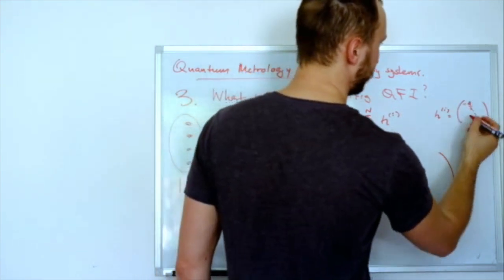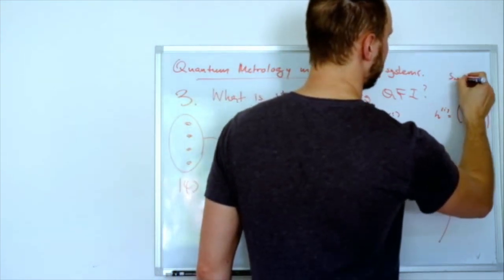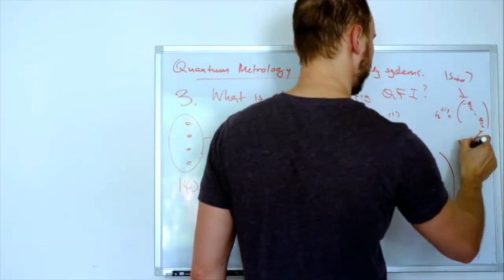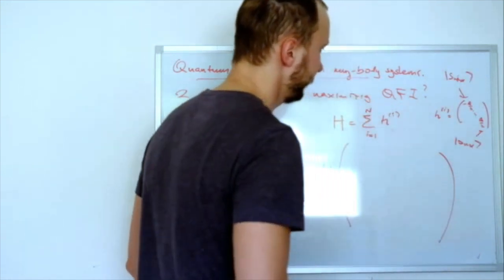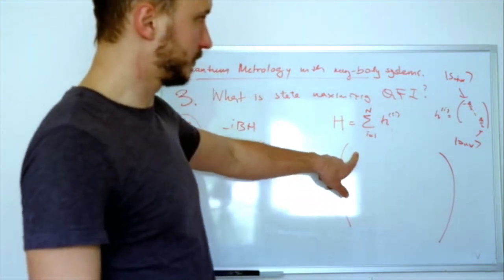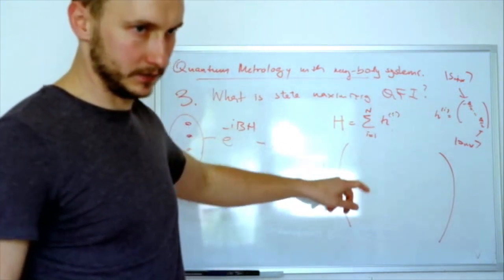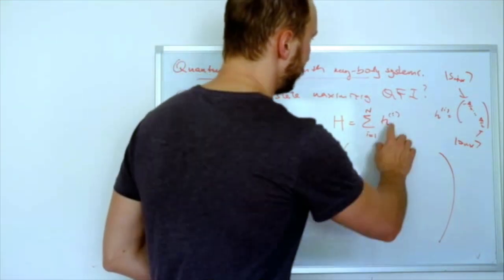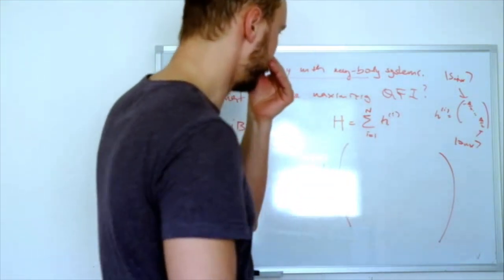And the states correspond here to S min and S max. All right. So any idea what would be the minimal possible eigenvalue of this Hamiltonian?